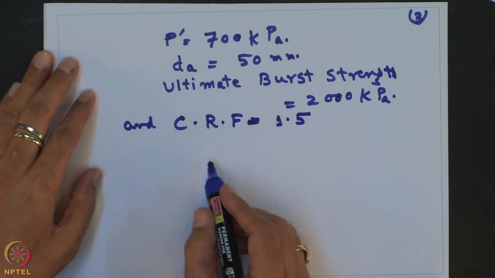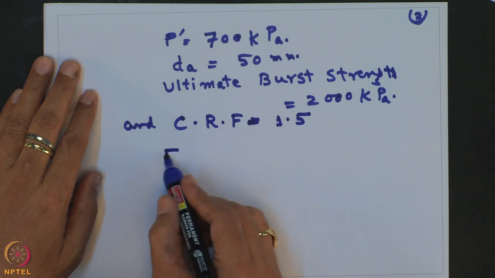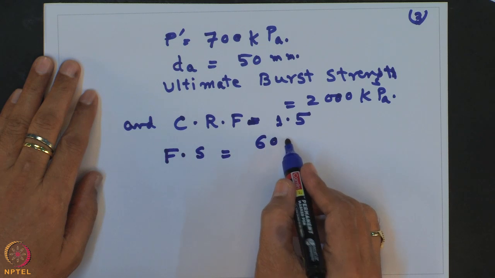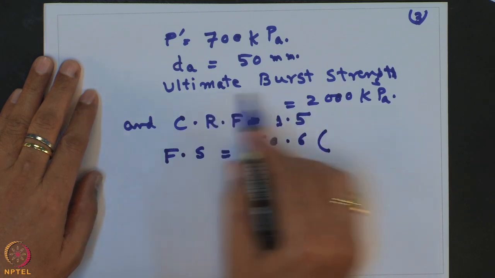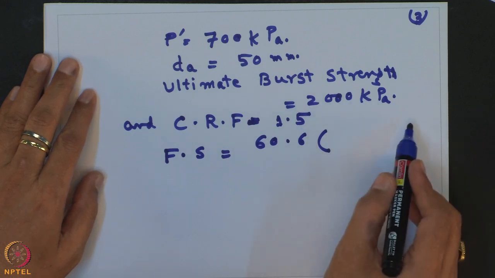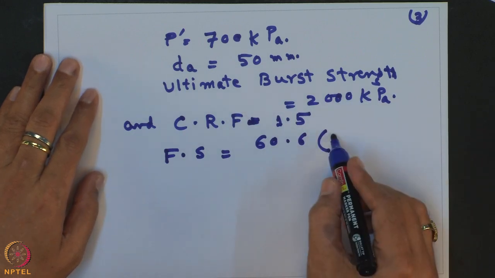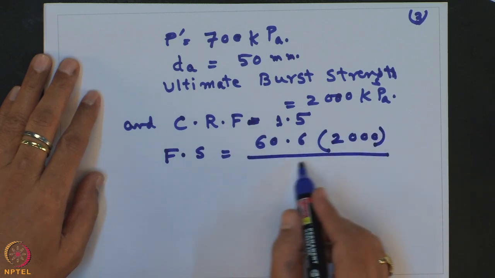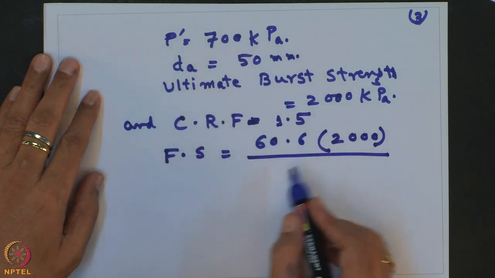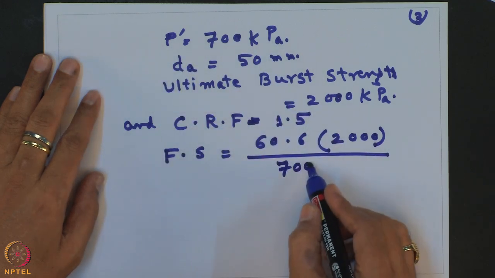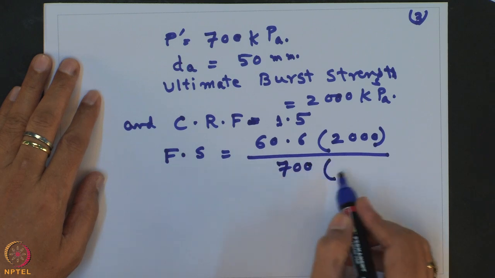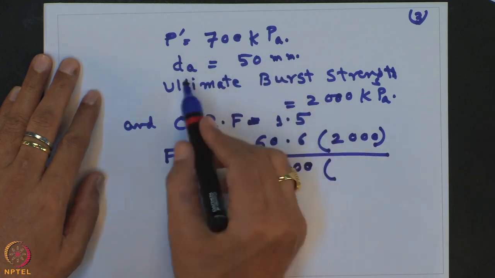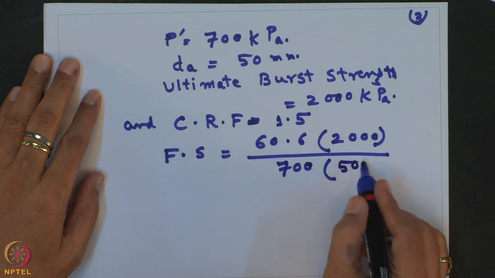So, you have to calculate that factor of safety. So, factor of safety, you know, 60.6 into ultimate burst strength value, okay, that is 2000. This divided by, you know, P dash value is given 700 into that diameter D of A. D of A is equal to average stone diameter, that means this is 50.